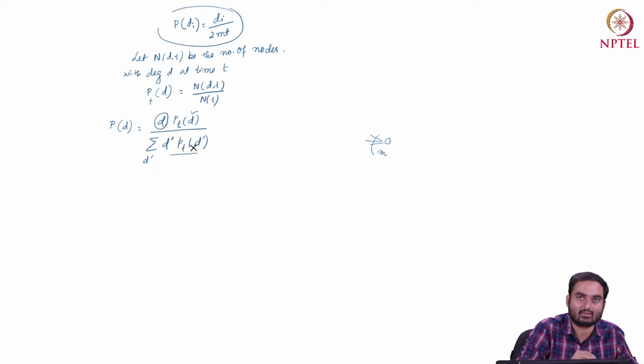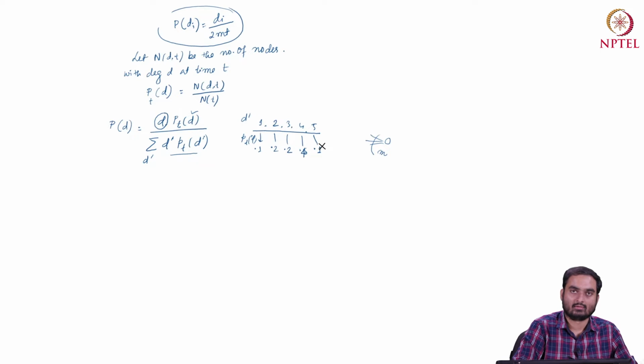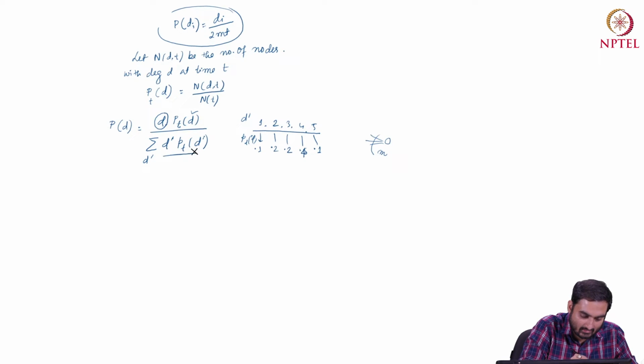So the denominator is a kind of weighted average. Say you have 5 degrees, 1 2 3 4 5, for example. So your d' varies from 1 to 5 and you have P_t(d'). Say for degree 1 this is 0.1, then 0.2, 0.2, 0.4, and 0.1.